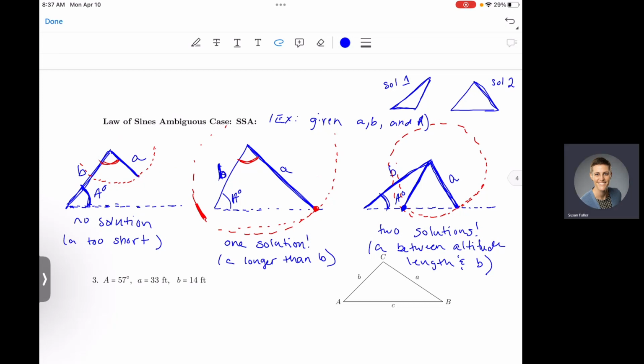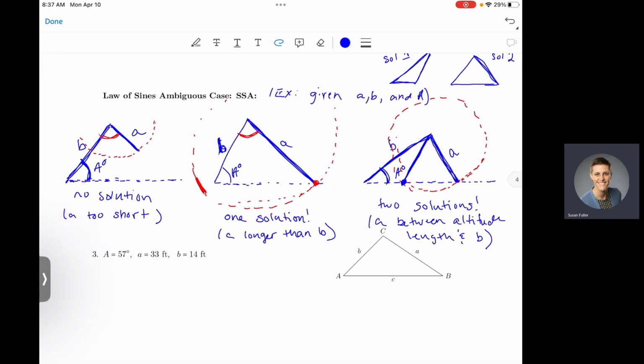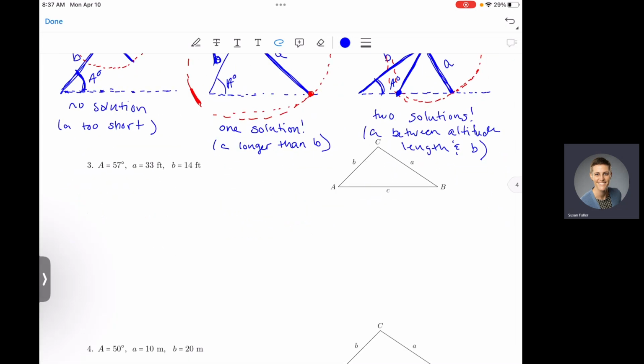Okay, so let's go through one of these and figure out how to do this. So again, this is why this case is ambiguous. We can have no solution, one solution, or two solutions. So let's start with number 3 here.